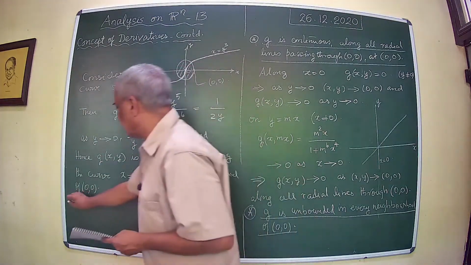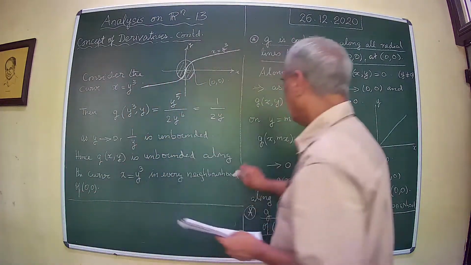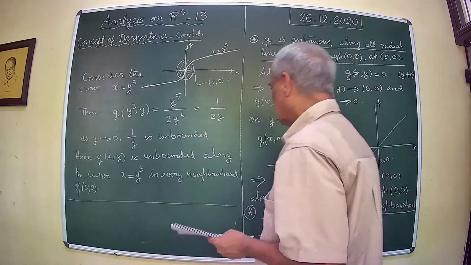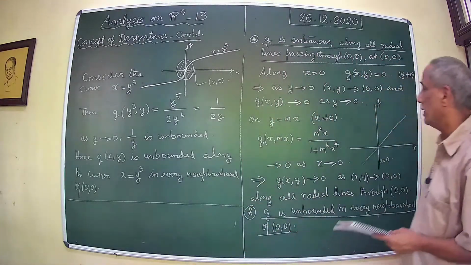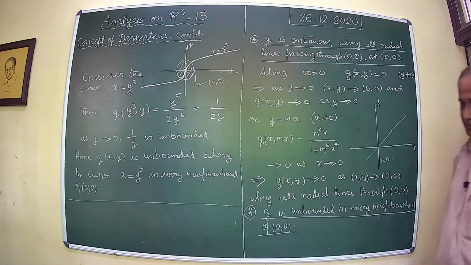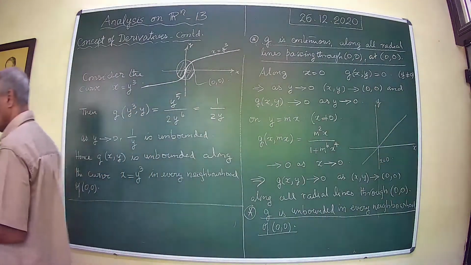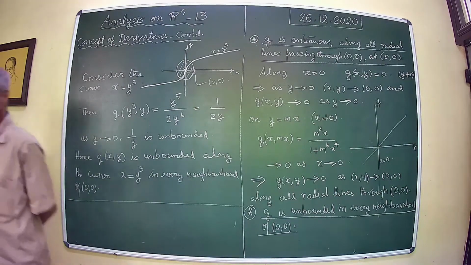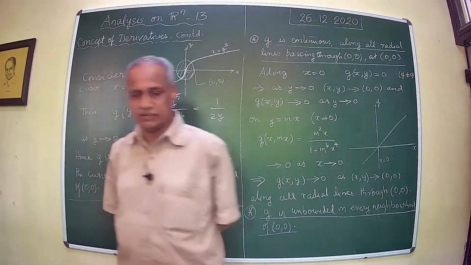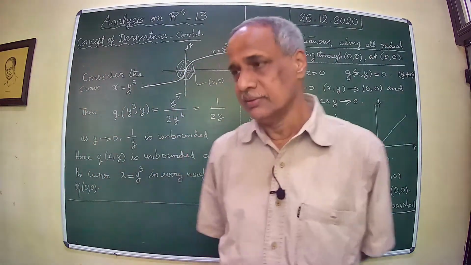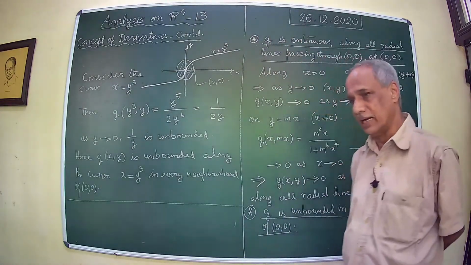So that's about the function g. Again, such nice looking functions have very strange properties at certain points. So when you deal with functions of several variables, you need not take these for granted.